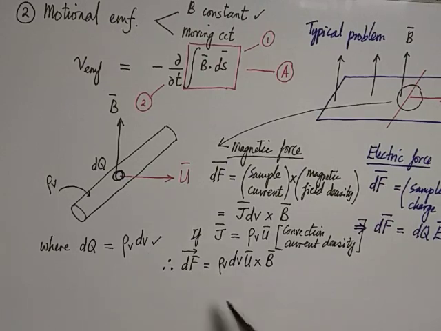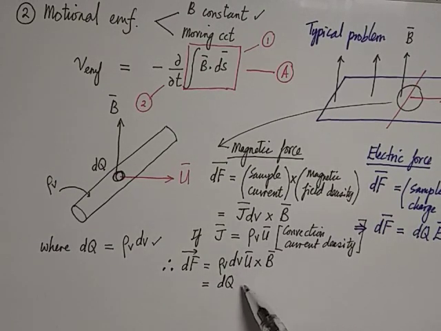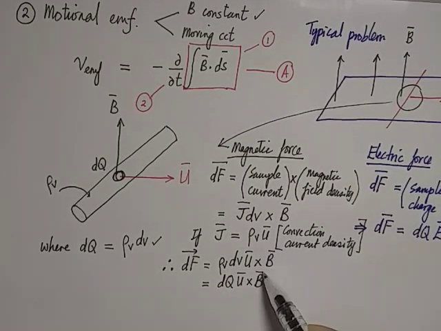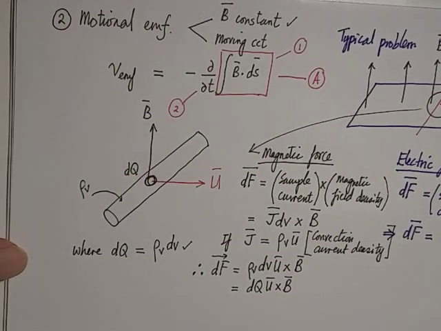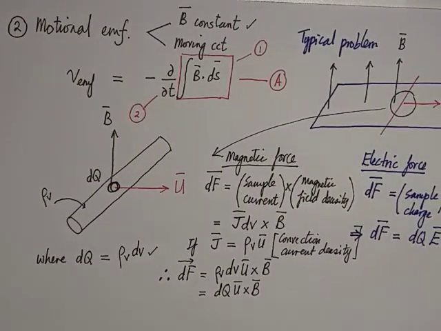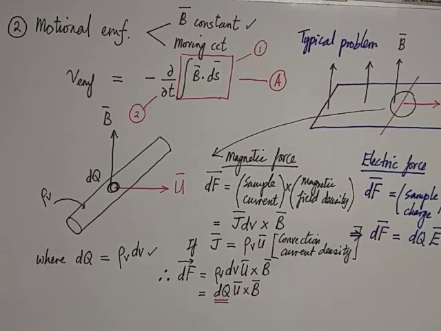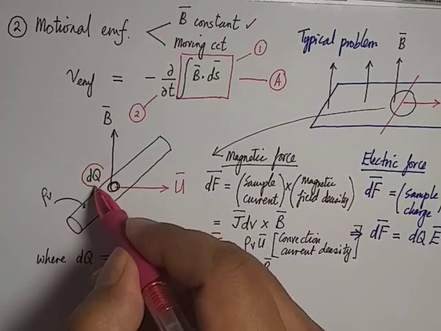Yes, good. So now it should be dq u cross B. So what is it now? Let's go back to the diagram that we introduced earlier. So we are saying now, when a sample, this is the sample, correct?